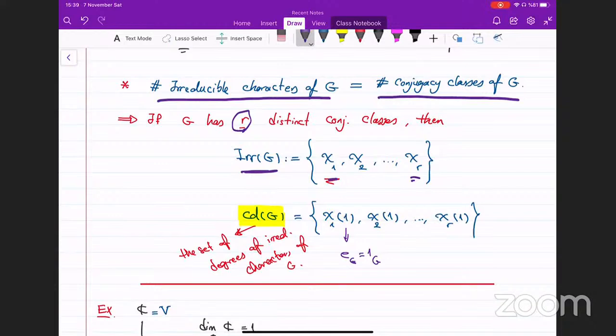If you remember, each chi-i of 1 is exactly the dimension of the vector space that you work with. If chi was a character, then chi of 1 was the dimension of the vector space V that we started with.